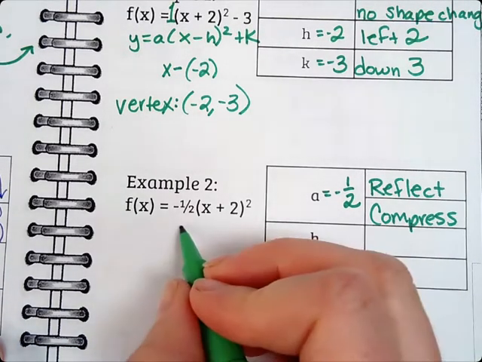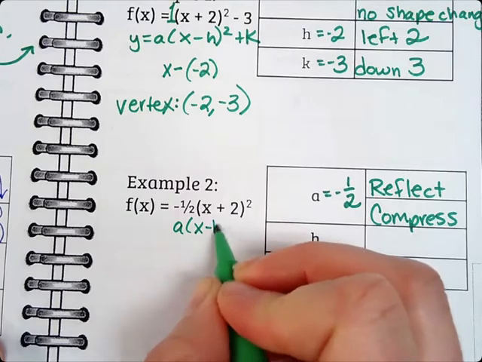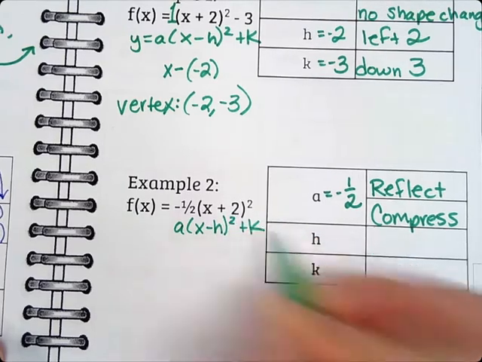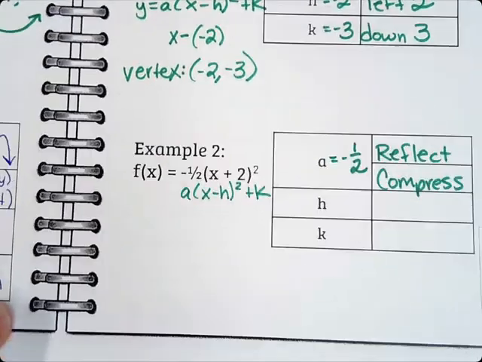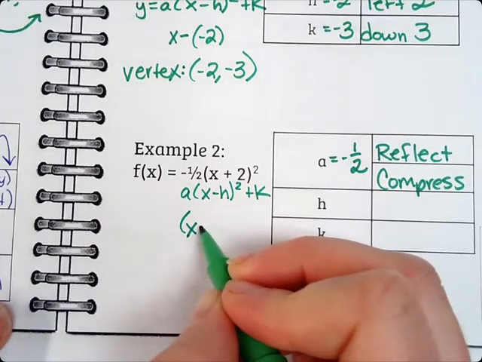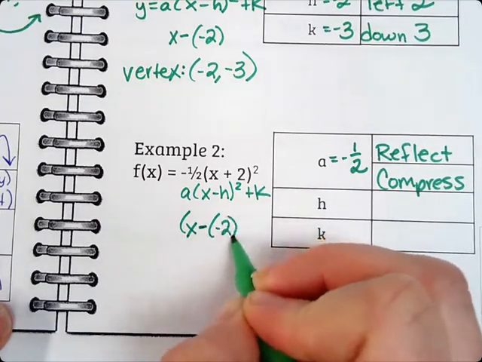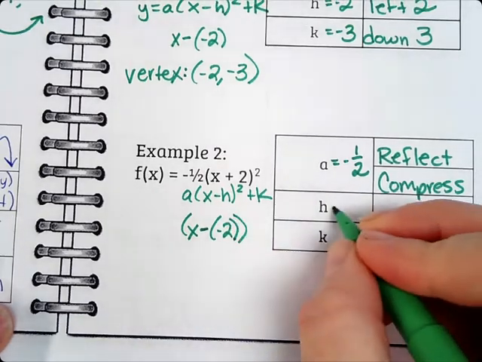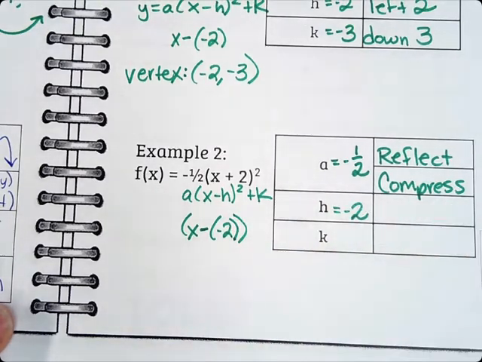The h value, x minus h squared plus k. What is the h value? Negative 2, yep. What is that going to do? The h moves it left and right, so which way is it going to go?